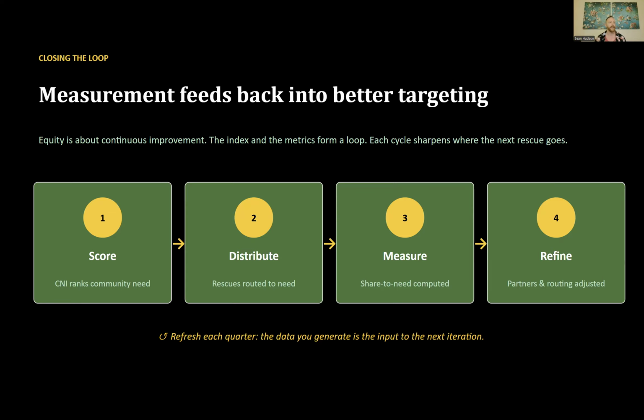Just make sure that you can test the same thing with prior data. You don't want to change the yardstick every single time, and you want to be measuring the same thing against the same thing. So just be aware of that. After, you may find that a certain score just isn't serving you well. Refine it, work on it, and then just start again. Score, distribute, measure, refine.